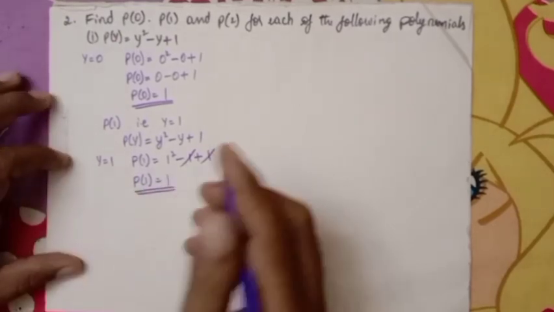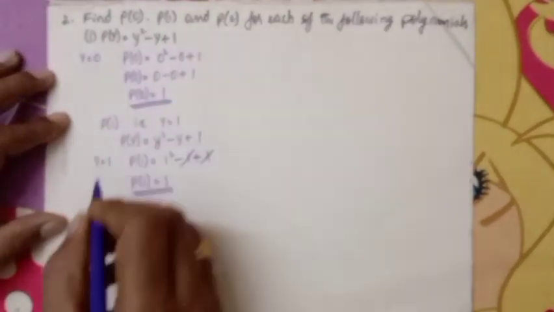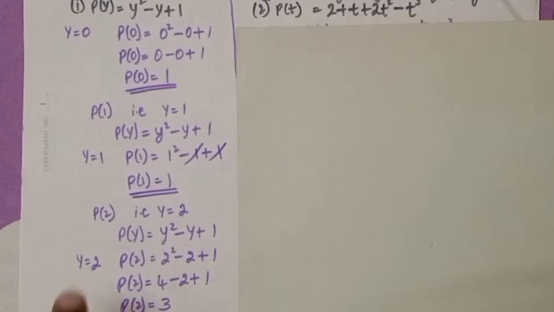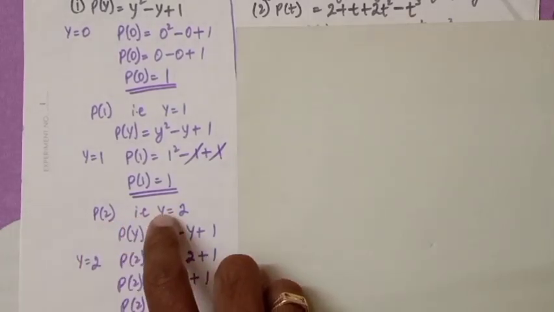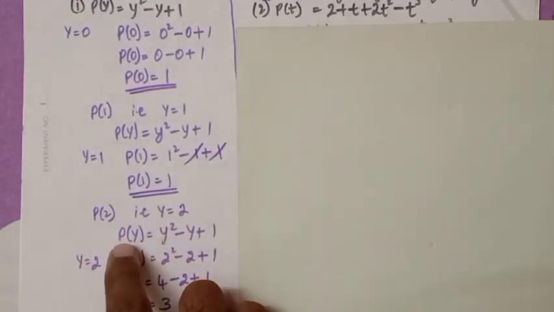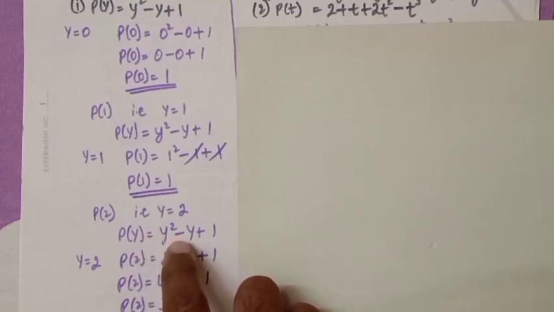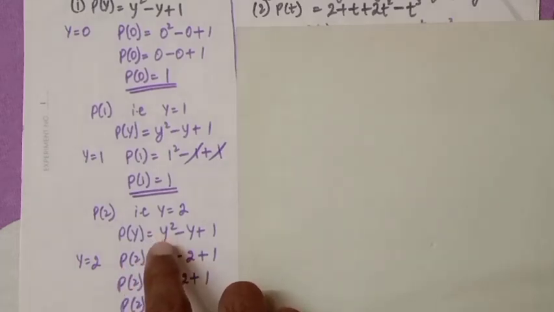And let us move on to the second polynomial, second case, that is we want to find p of 2, that is y is equal to 2. p of y is equal to y square minus y plus 1. y is equal to 2. So p of 2 is equal to y square, 2 square.